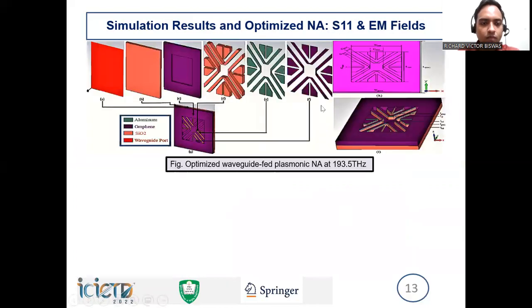Simulation results: the optimized nanoantenna in terms of S11 and electromagnetic fields. Here we have the modified layers of various materials such as aluminum, graphene with 0.7 electron volts, and silicon dioxide of our optimized waveguide-fed plasmonic nanoantenna at 193.5 terahertz.